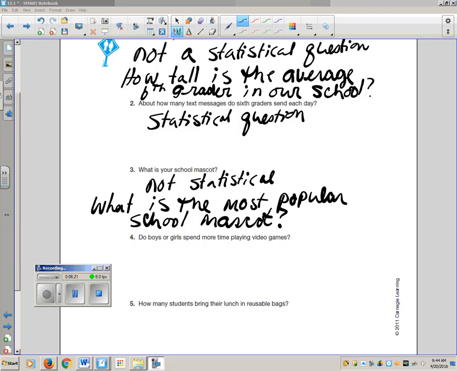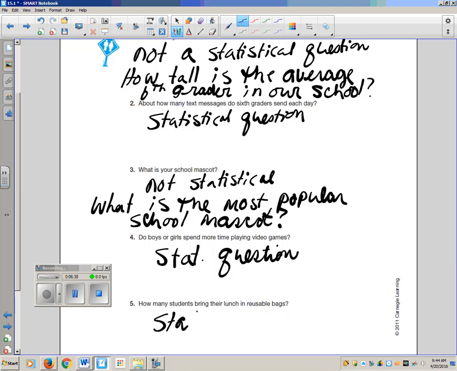Number 4, do boys or girls spend more time playing video games? That is a statistical question. Stat question. And number 5, how many students bring their lunch in reusable bags? That also, you could perform an experiment.